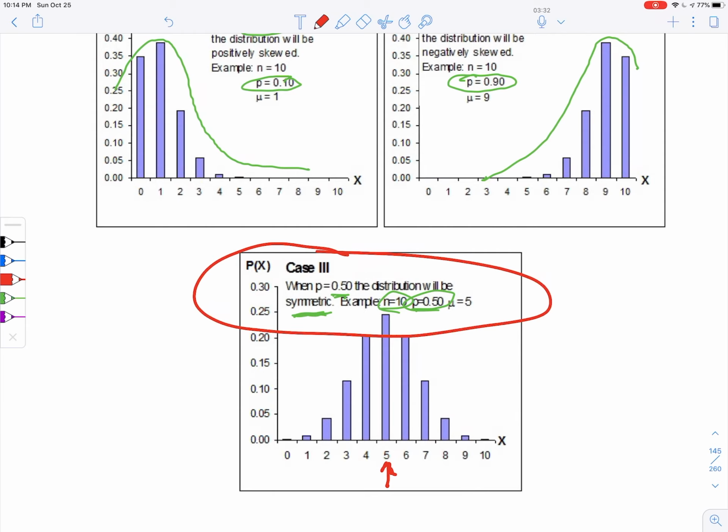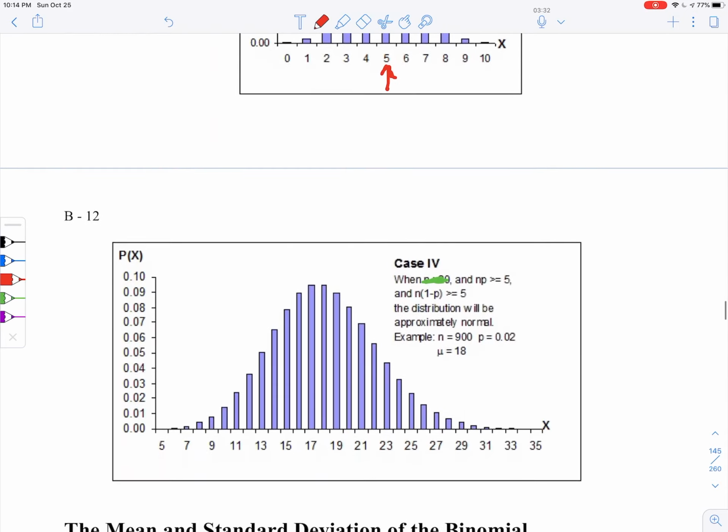Another way of saying this is that if we were to do this over and over again, theoretically an infinite number of times, tossing 10 coins, counting the number of heads, and doing it again and again, we would find that the average turns out to be 5 for all of those experiments put together.